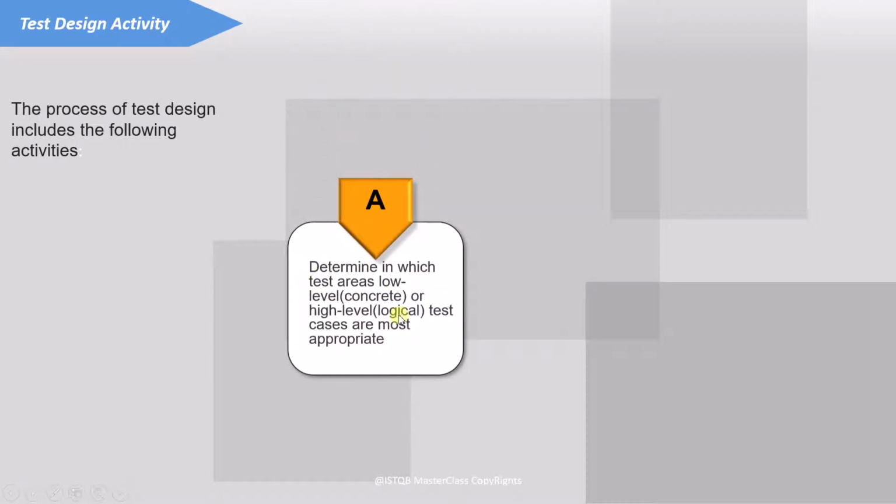The first activity is to determine in which test area low level or high level test cases are more appropriate. This analysis has to be done by the test analyst. He will take care where we have to go to the lower level and where we can see that with high level we can achieve what we want to achieve.